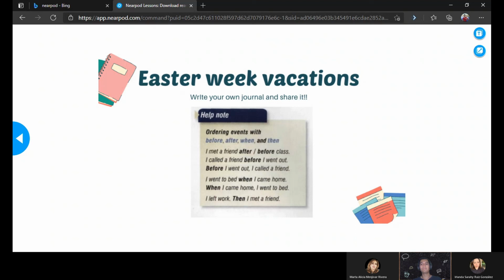And we spent 4 days in Ataco and visited different places. We came back home on Sunday. Vacations.